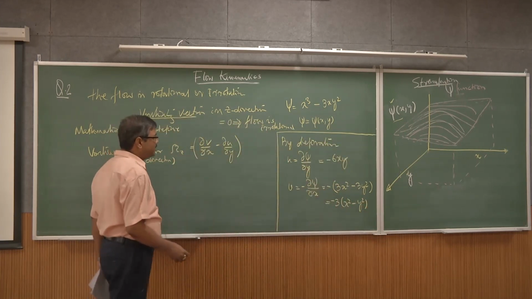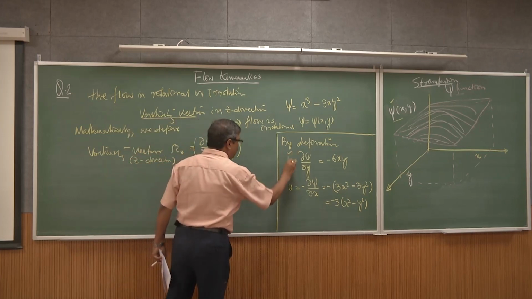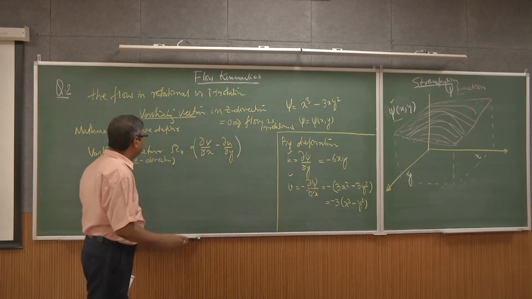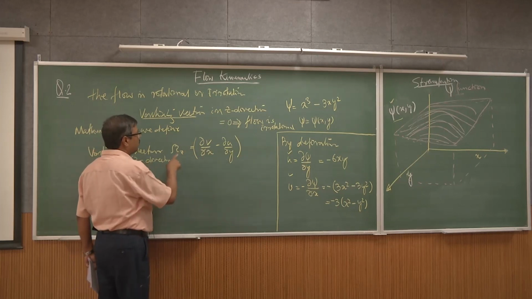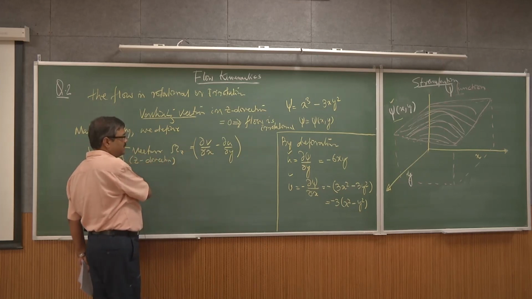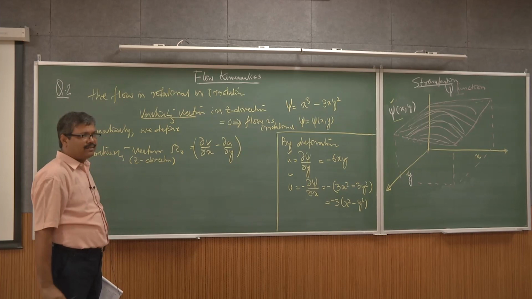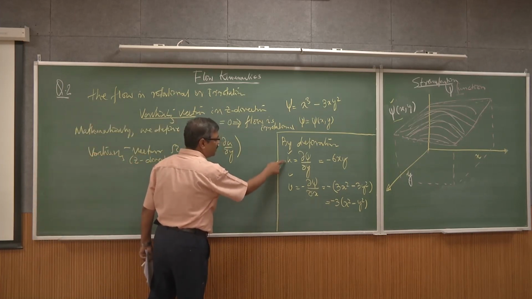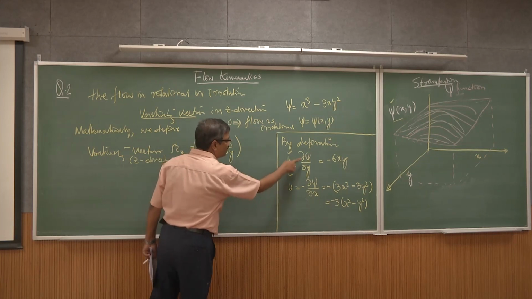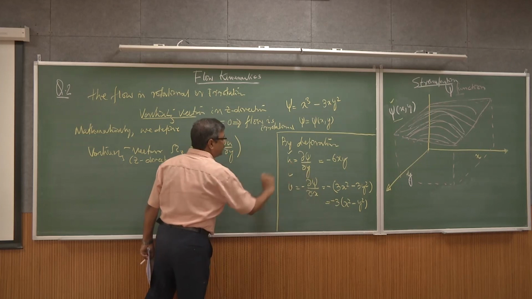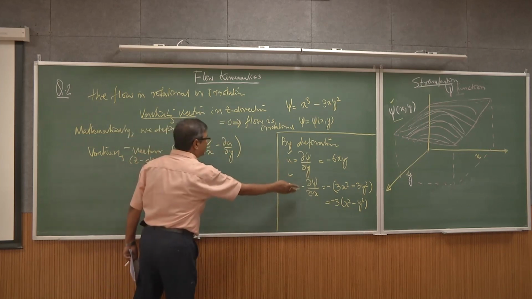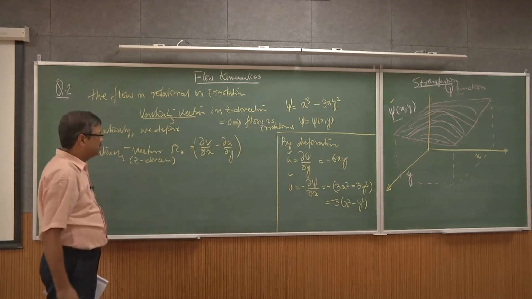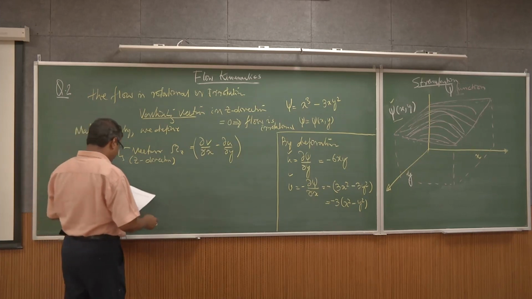Now, as I know the u and v components, I will substitute here to compute the vorticity factor in the z direction. This is very simple. Once I know the scalar components u and v, which are functions of the partial derivatives of the stream function, I can substitute here to compute it.